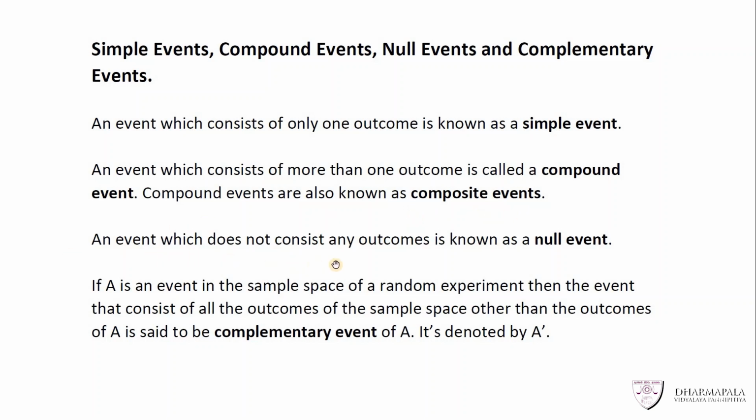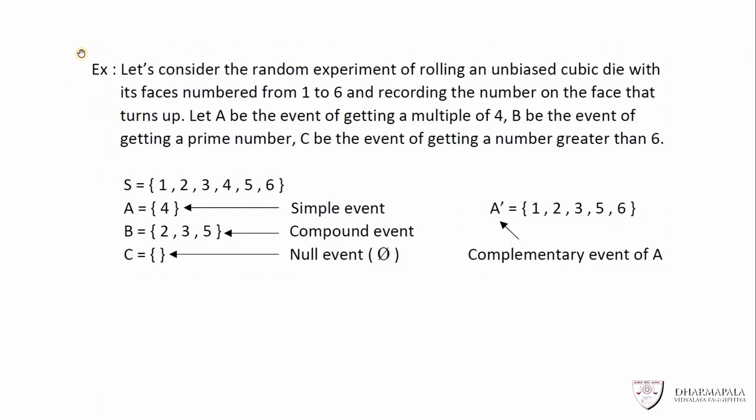An event which does not consist of any outcomes is known as a null event. If A is an event in the sample space of a random experiment, then the event that consists of all the outcomes of the sample space other than the outcomes of A is said to be the complementary event of capital A. It's denoted by A dash. We will discuss these kinds of events using this example.